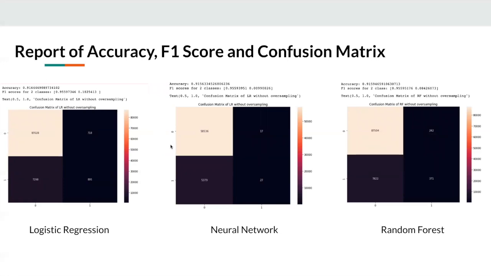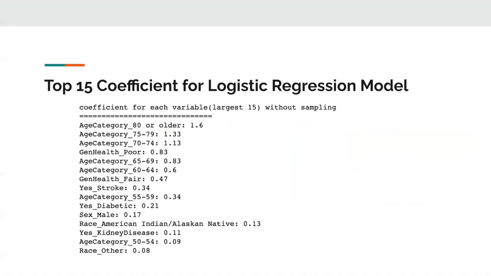Which means we had a hard time identifying a person who actually has heart disease, which is not good in order to save lives. But based on this model, without doing any oversampling or undersampling or any special treatment, we also have some special coefficients for logistic regression.